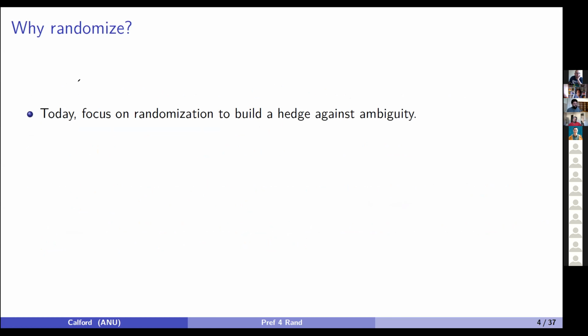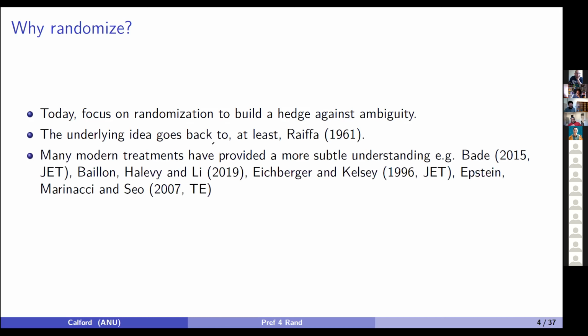Okay, so there's a lot of different reasons why people might randomize. Today, the focus is going to be on randomization to build a hedge against ambiguity. And the underlying idea goes back to at least Raiffa in 1961 and has been explored a lot recently in the decision theory literature, the idea being that if I flip a coin, I can use the outcome of the coin toss to hedge against any ambiguity that I might experience.